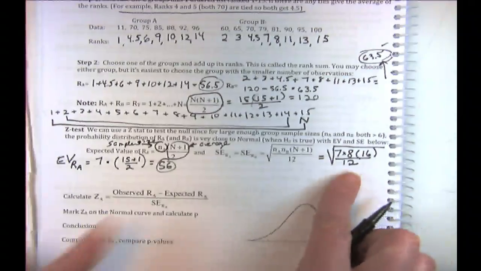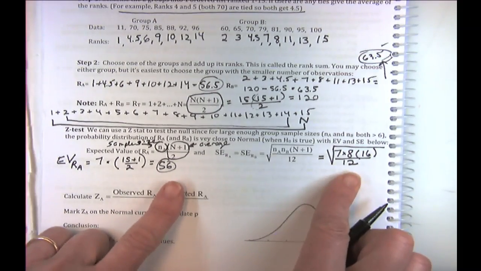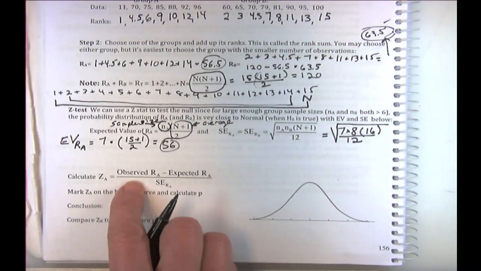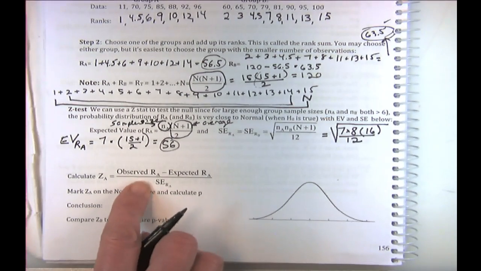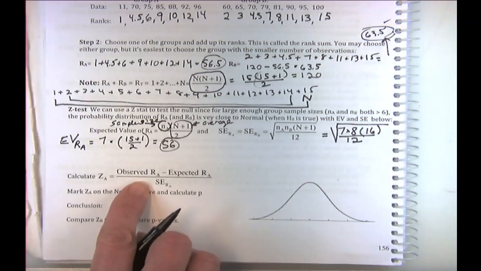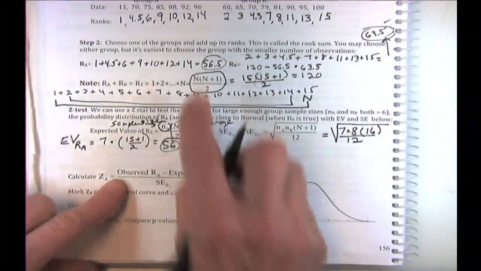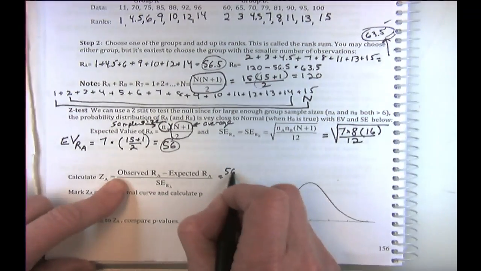All right, so now we've got these two numbers, and our z-statistic is always our observed statistic, in this case the rank sum for group A, minus our expected, over our standard error. So what did we observe? We observed 56.5.